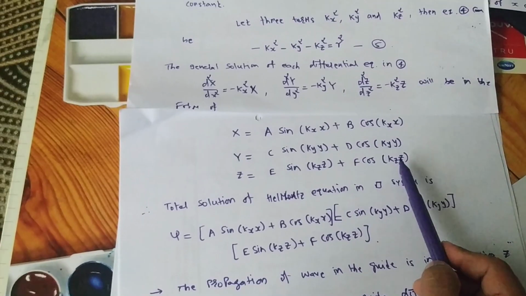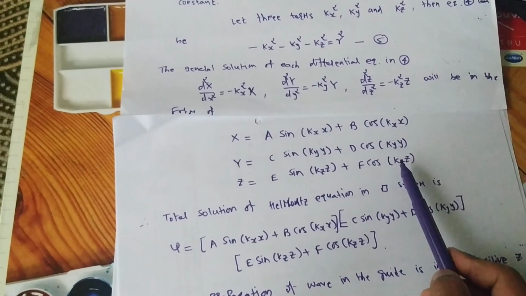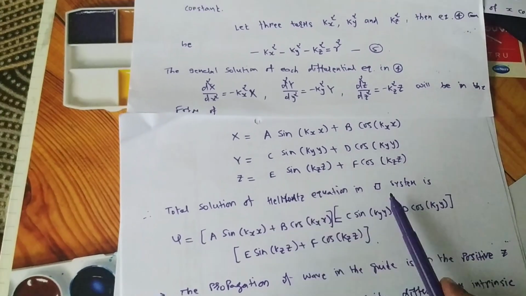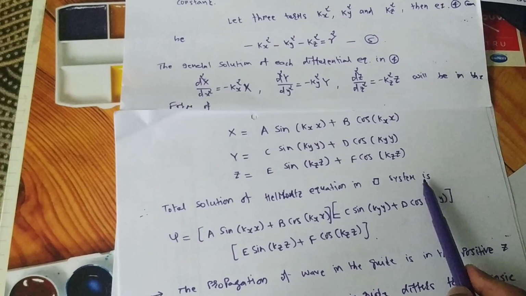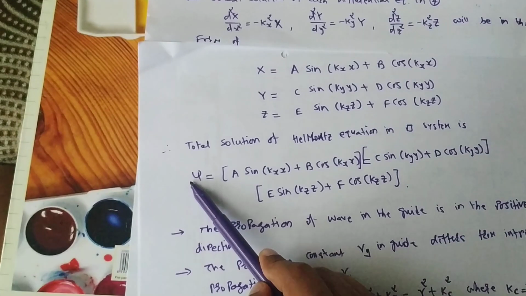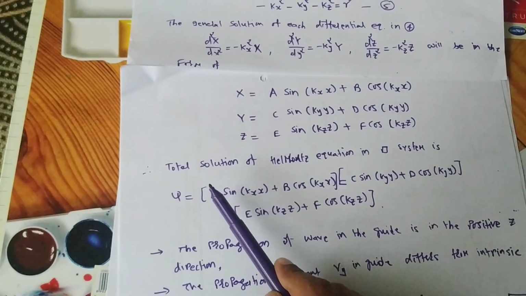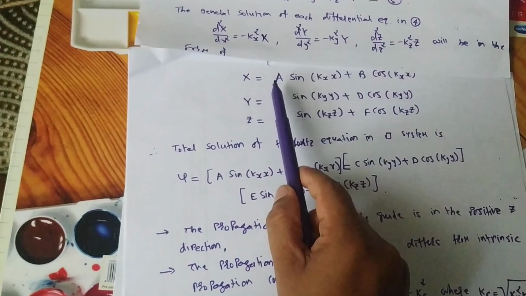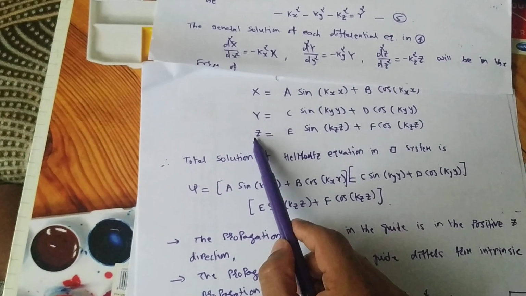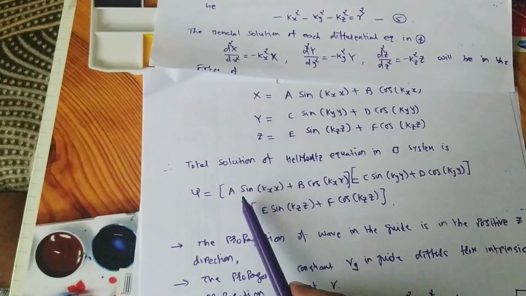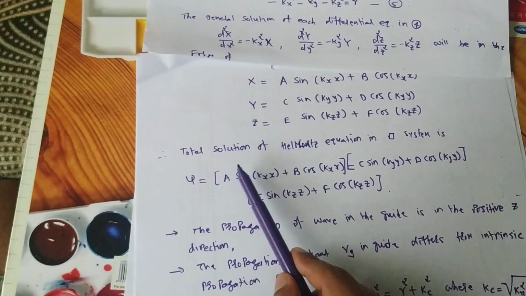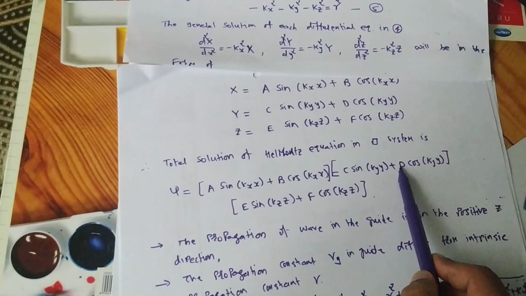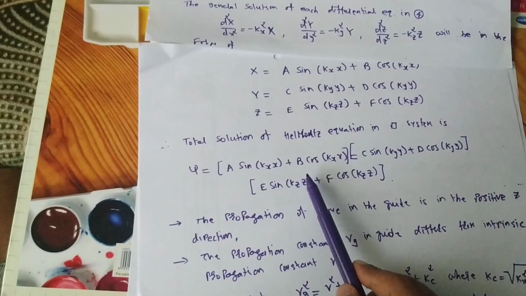So finally, the solution of the Helmholtz equation in a rectangular coordinate system can be expressed as sigma, which is the multiplication of the X function, Y function, and Z function.